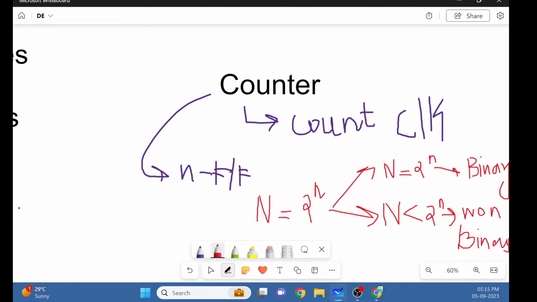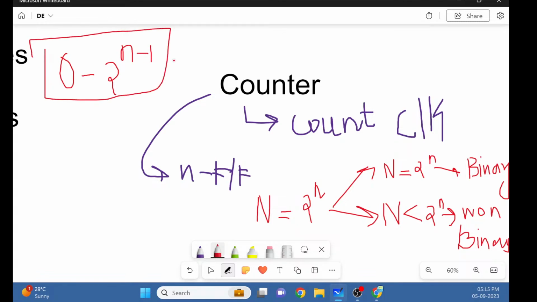So basically, a counter can count from 0 to 2 raised to n minus 1.